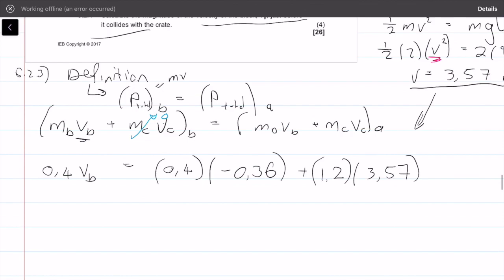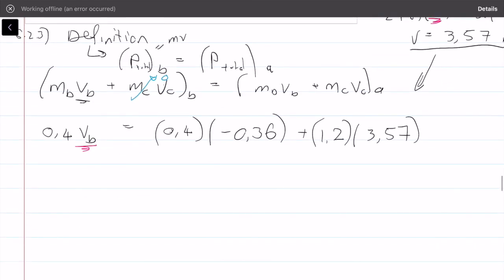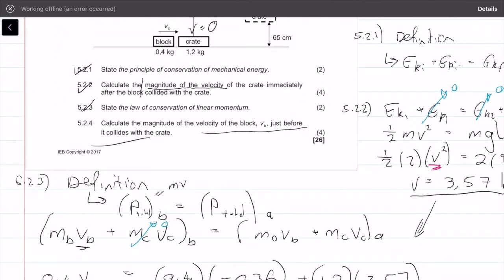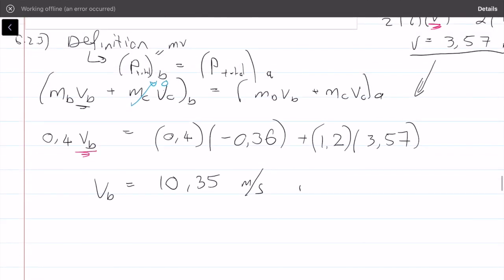We have only one unknown, the velocity of the block before the collision, so we can calculate VB is equal to 10.35 meters per second. Again, we only care about the magnitude. If we wanted a direction, this would be to the right, but what I've underlined is sufficient for this question.